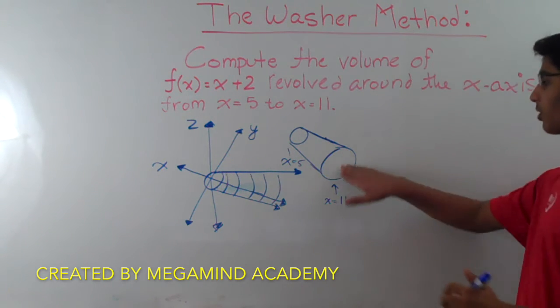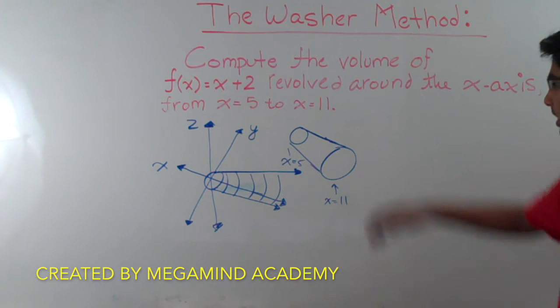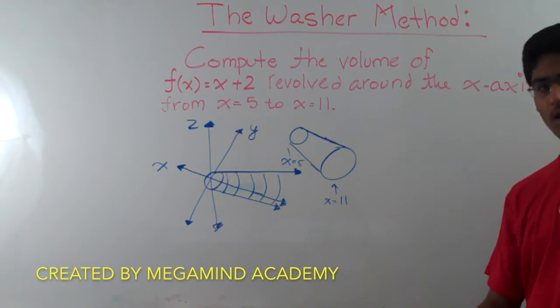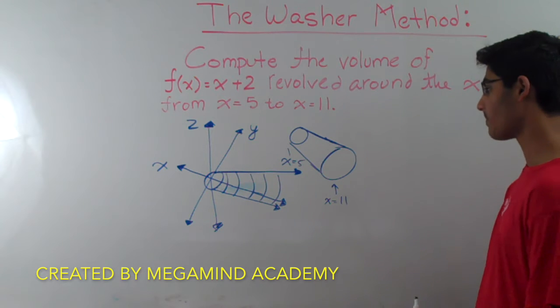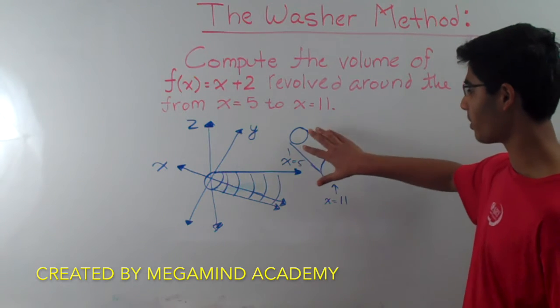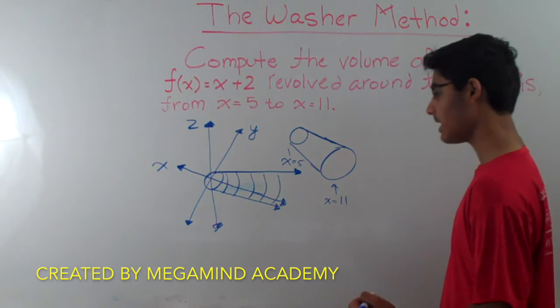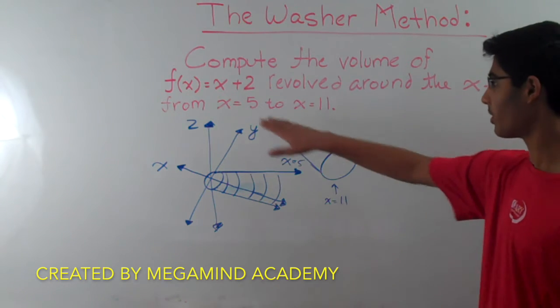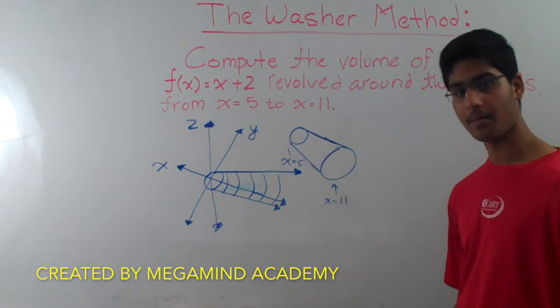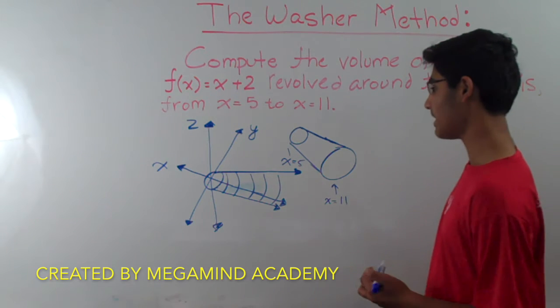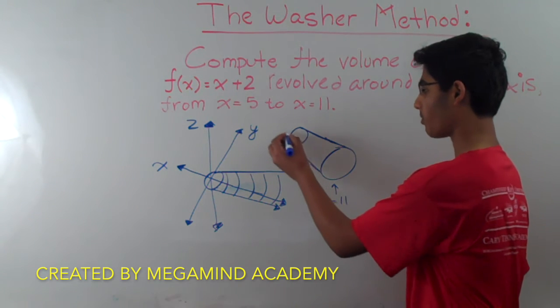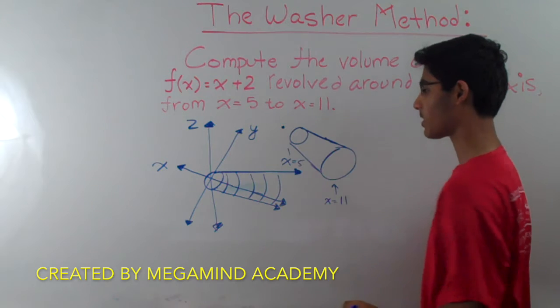I hope this looks more realistic. We know that this line is revolved around the x-axis, and it isn't going to meet at a point because x equals 5 is not 0. When you plug it in here you get 7, so it won't reach the same destination point of 0.